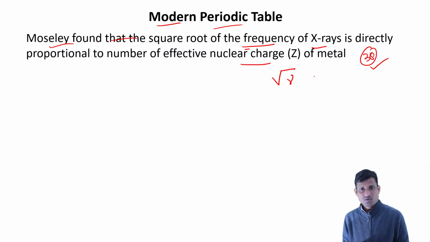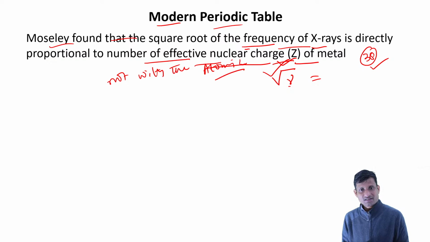He found that the square root of frequency is related to the effective nuclear charge, which we call Z. So this is not related to the atomic mass. The square root of the frequency of the X-ray was related to the effective charge of the element, not to the atomic weight.